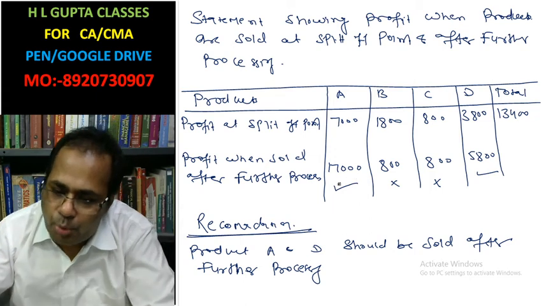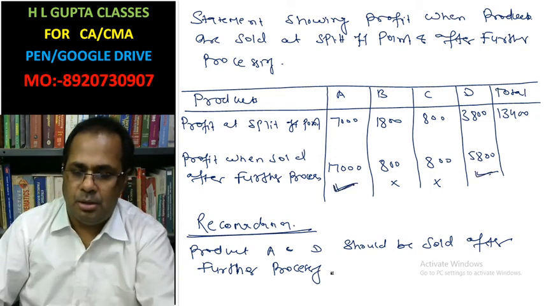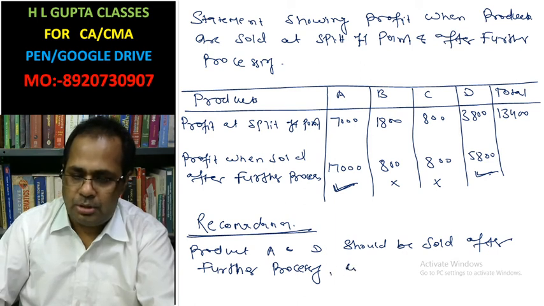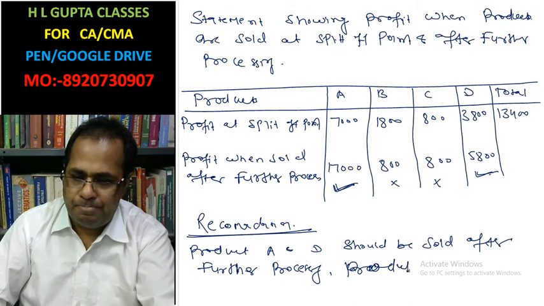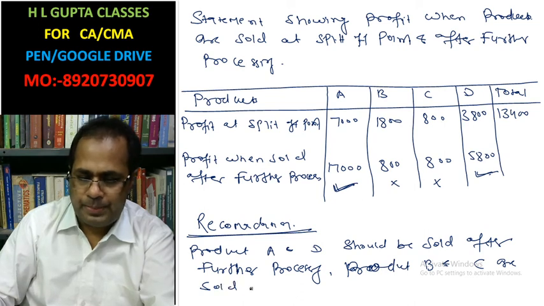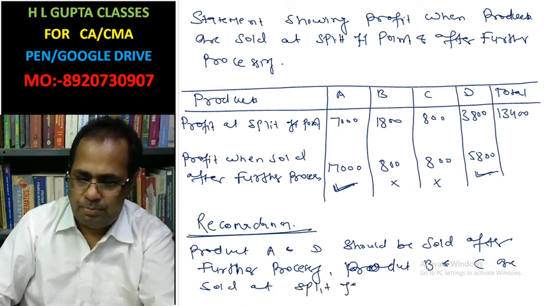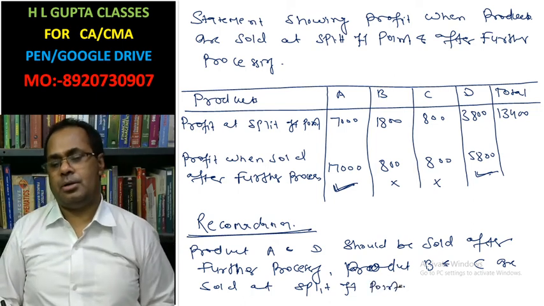Why? Because the profit is higher. Products B and C are sold at a split-off point. B and C are sold at a split-off point.